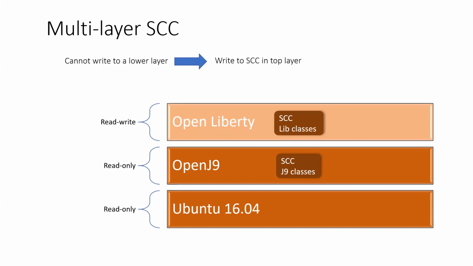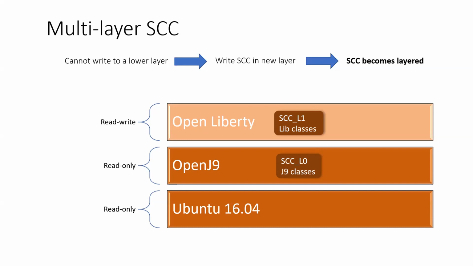In this way, the shared class cache also becomes layered, the same as Docker layers. Only the top layer shared class cache can be readable and writable. All the lower layer shared class caches are read-only.